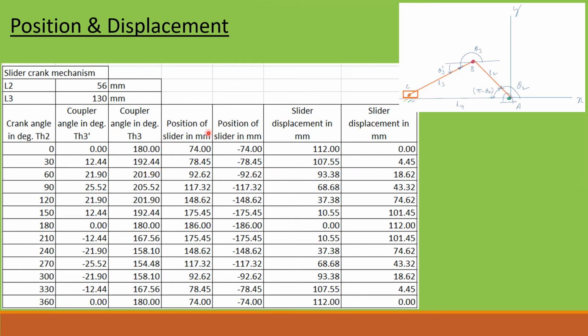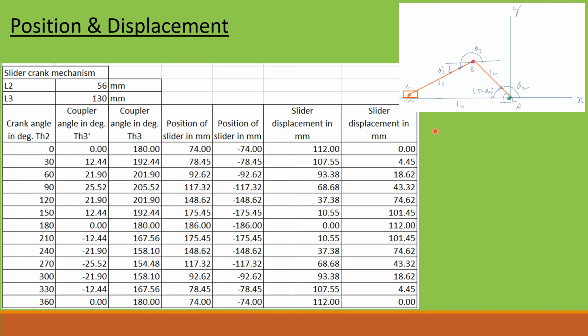After having derived all the equations, let us solve a problem using Microsoft Excel. So here we have considered L2 is 56 millimeter, L3 is 130 millimeter. For any given crank angle 0 to 360, theta 3 prime as well as theta 3 are calculated, and position of the slider is also calculated.